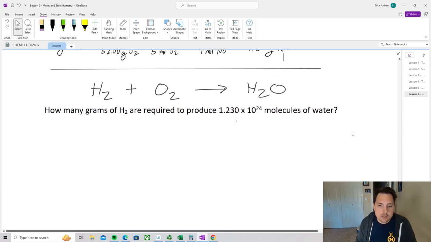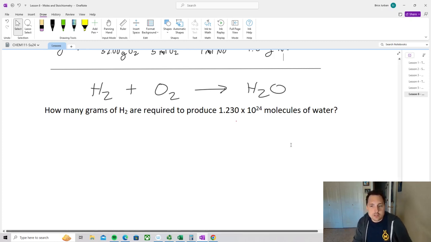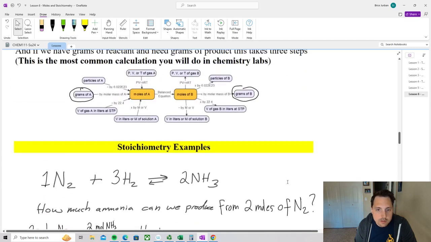All right, so this last one here is an interesting problem where we can actually determine how many molecules of water there are. And let's look at how this is. So we have how many grams of hydrogen are required to produce 1.23 times 10 to the 24 molecules of water.